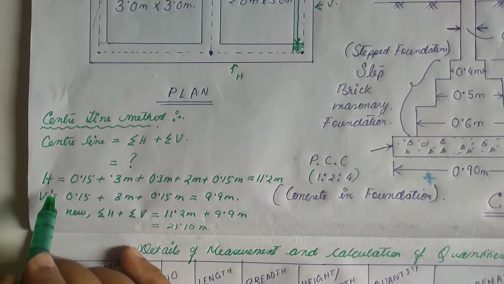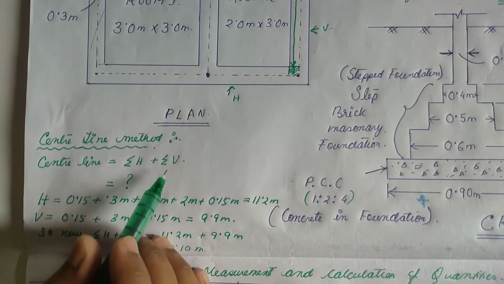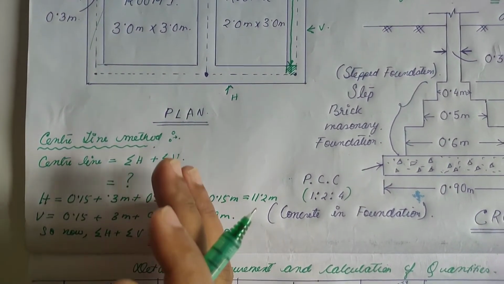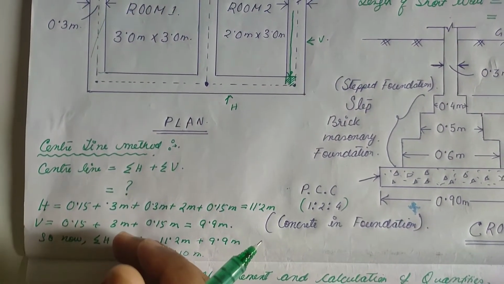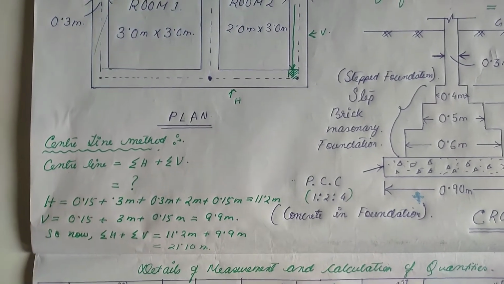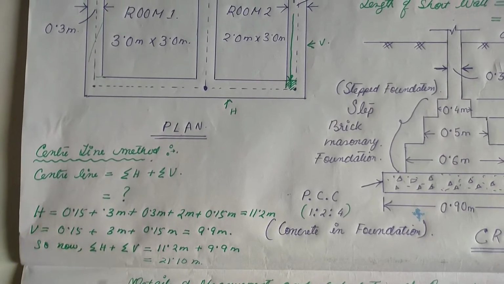We will use a simple equation, that is summation of H plus summation of V, where summation of H indicates the sum of the center line of the horizontal walls and summation of V indicates the sum of center line of the vertical walls.